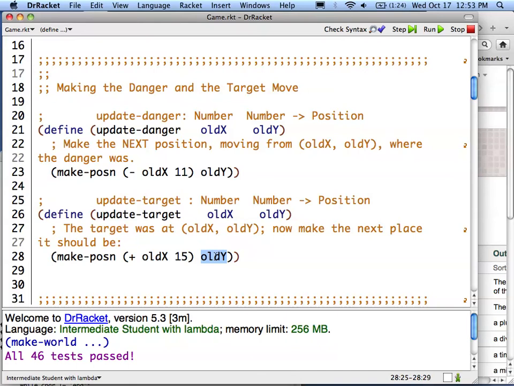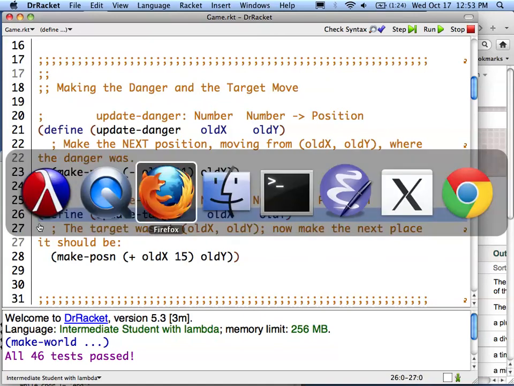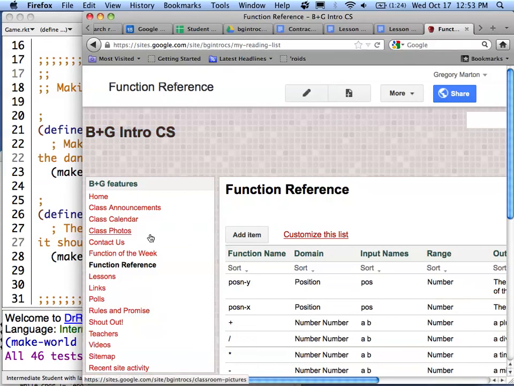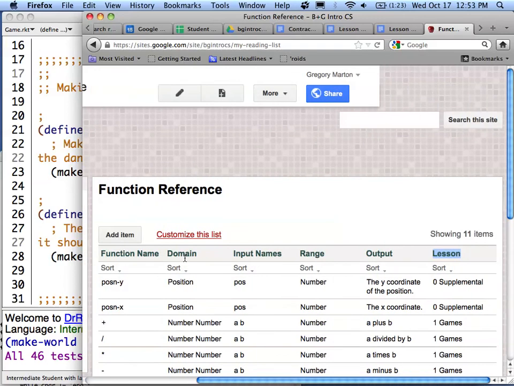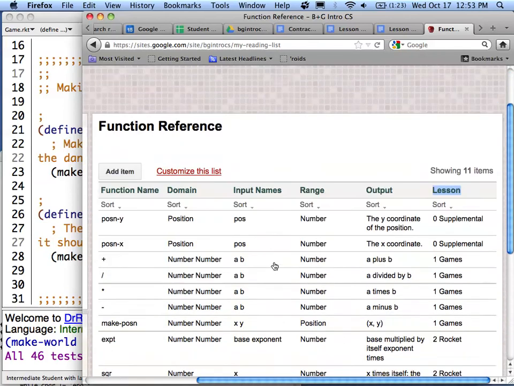How do we know the contracts for functions like plus and make position that we didn't write, and so we don't have the contract right above the definition because we don't have the definition? Well, one way to know those is that over here on our web page we've got this handy-dandy function reference. If you go over to the function reference, you'll see function name, domain, input names, range, output, and what lesson you might have seen that function in.